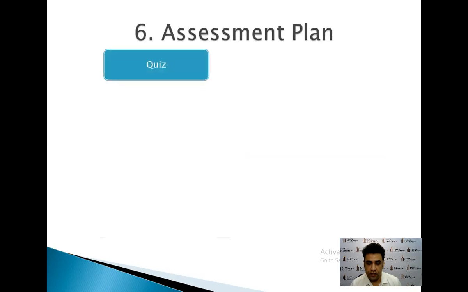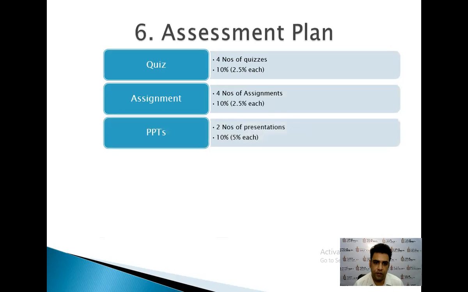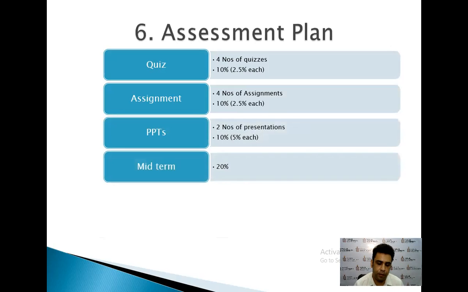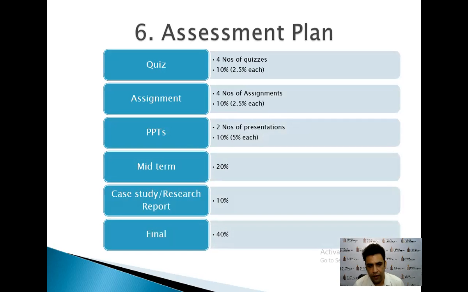My assessment plan is that I will divide my assessments into different sections: quizzes, assignments, presentations, midterm, case study, and research report. The most important part of my course is the research report about new ideas and current situations, and the final term.